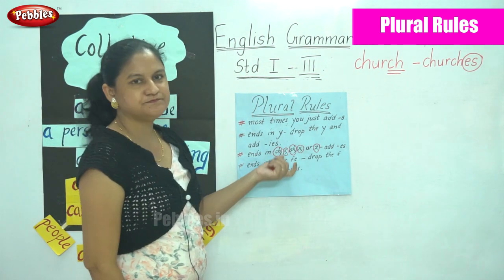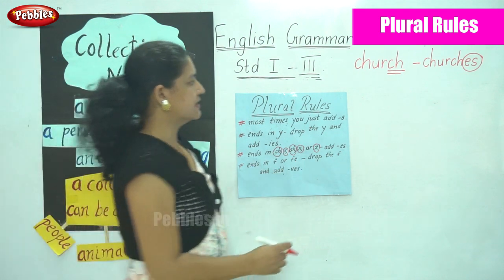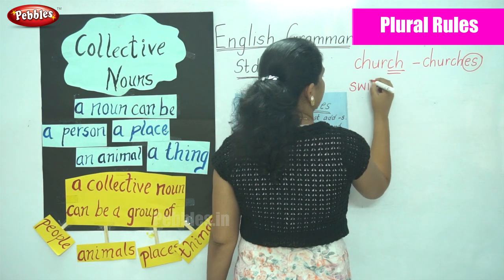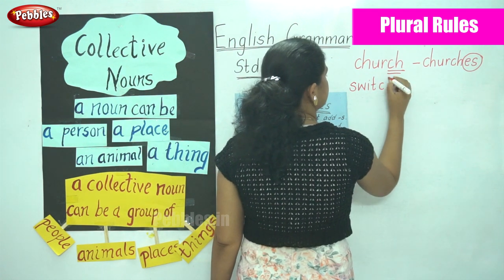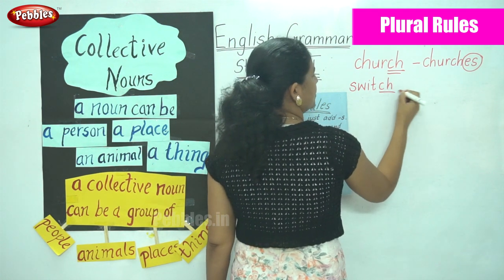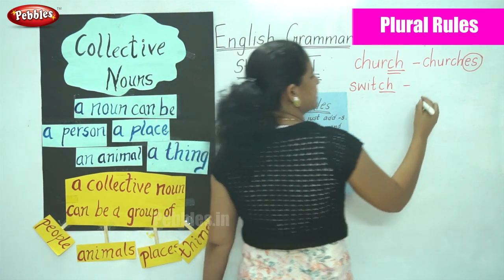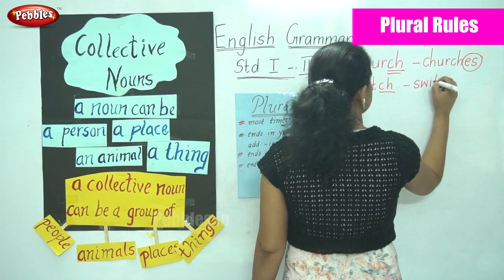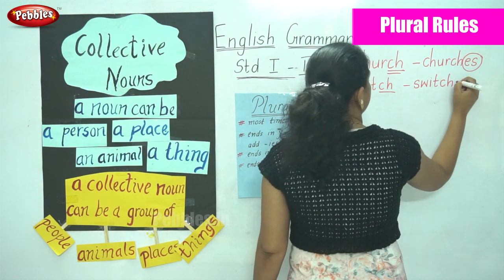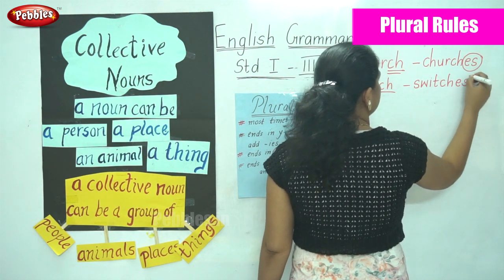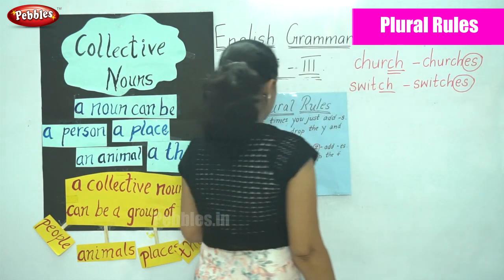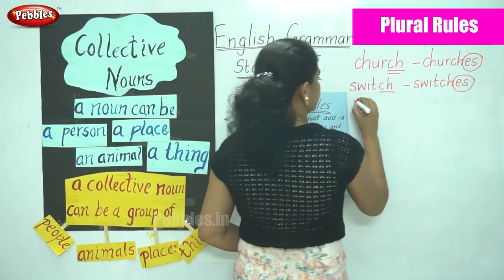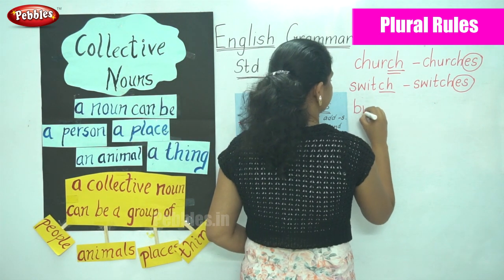Another example is switch. It ends in ch, so we add es: switches. The next is when the word ends in sh. We have the word brush.